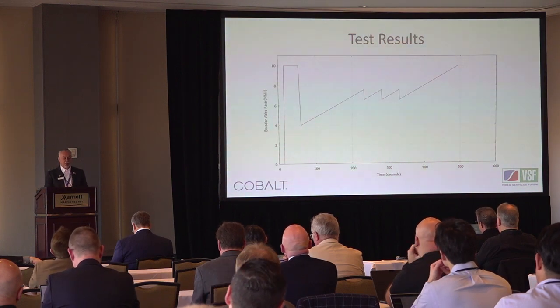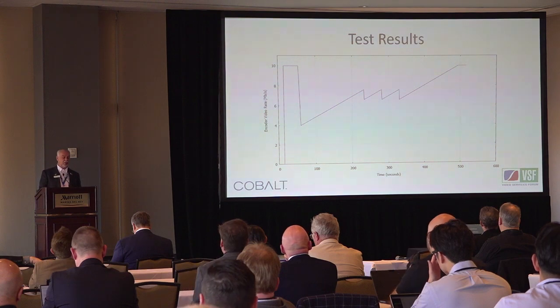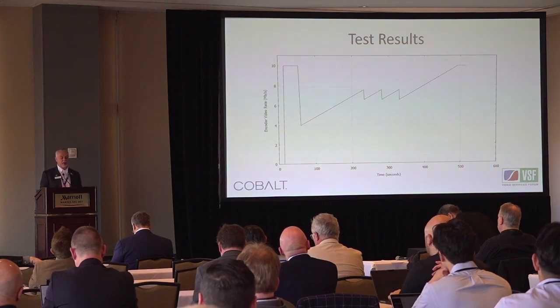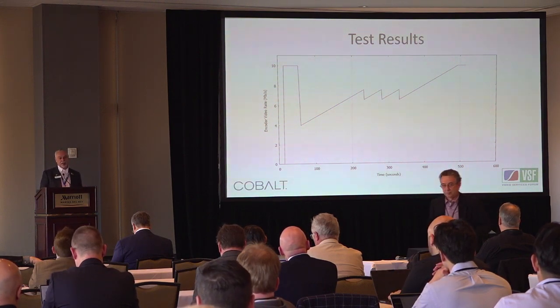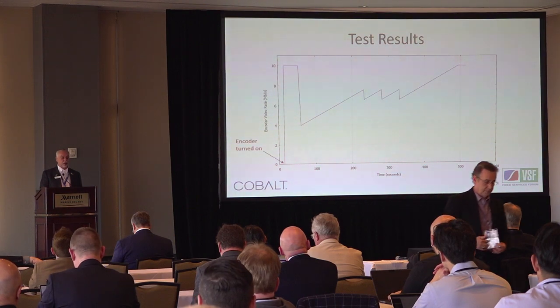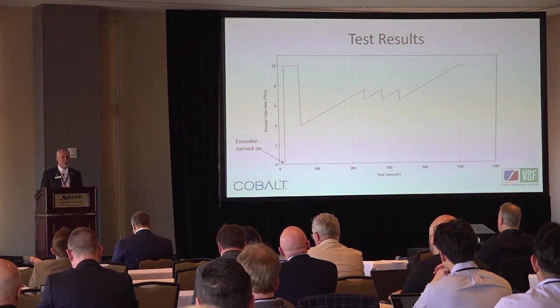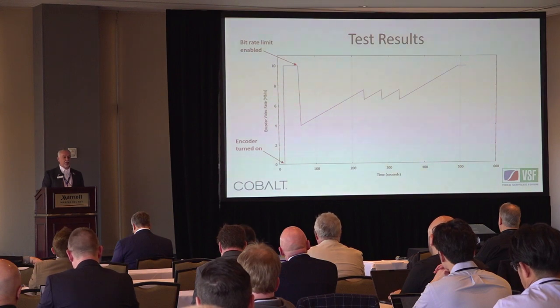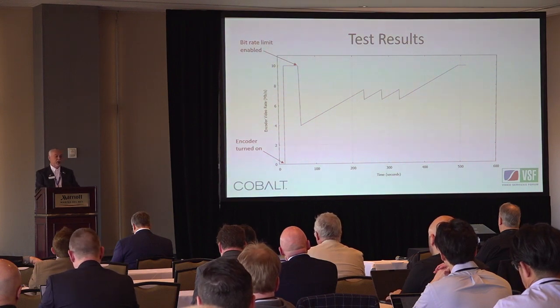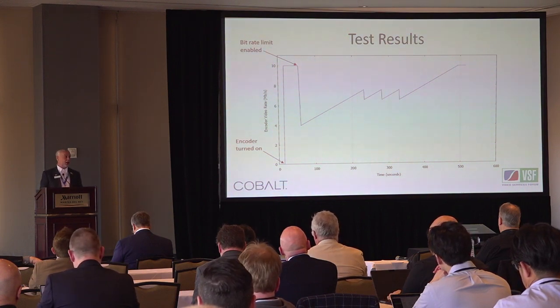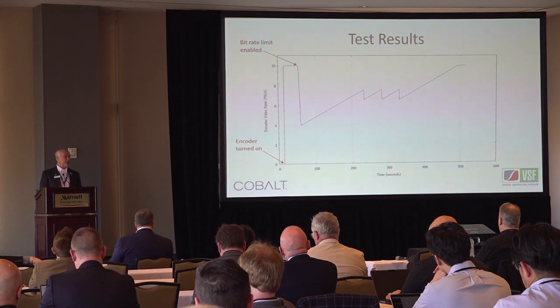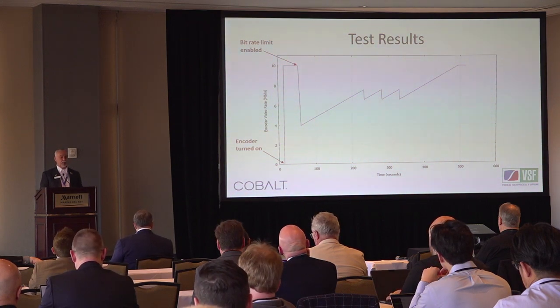All right, here's a result. On the Y axis you have the encoder bit rate, and on the X axis the time in seconds. I turn on the encoder right there. Then I turn on the bit rate limit, and packets start getting lost because I'm pushing 11 on an 8 meg pipe.